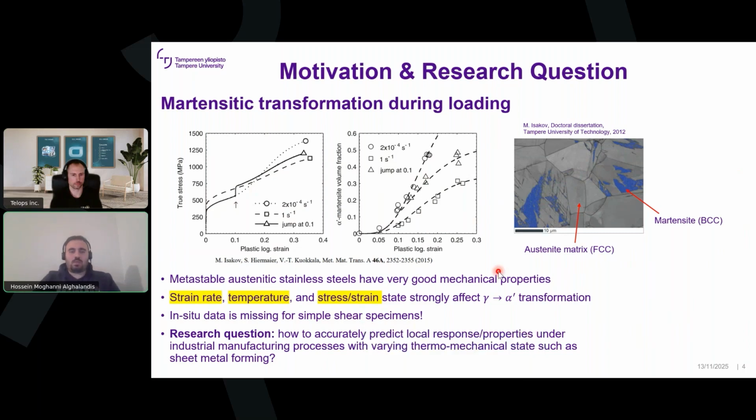Our research question was how we can accurately predict these parameters under real scenarios like sheet metal forming. So we took three kinds of specimens to an in situ synchrotron facility to test and to know the different parameters.